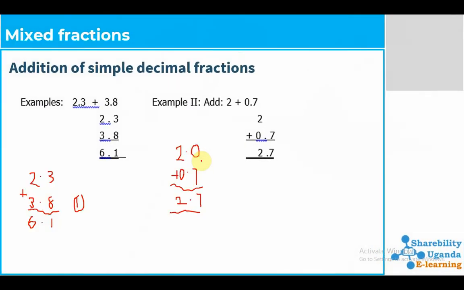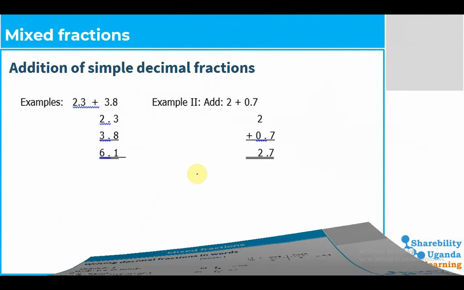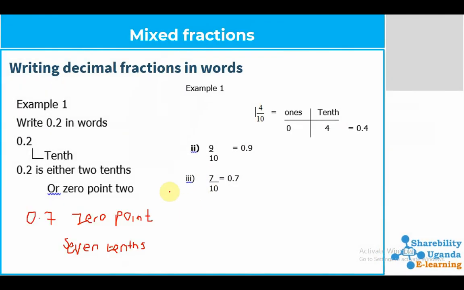Or maybe to give a recap of that, we can say that in decimal fractions, we should be able to understand the place values, and also be able to read these decimal numbers, that the number before the point is in the place value of ones, and then the number which is after the point is in the place value of tenths.